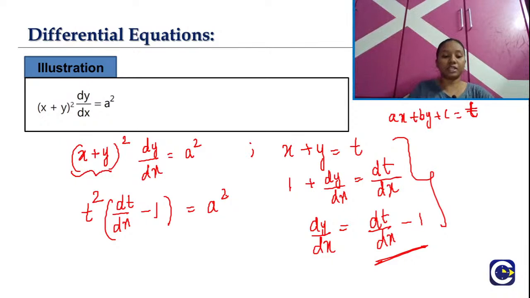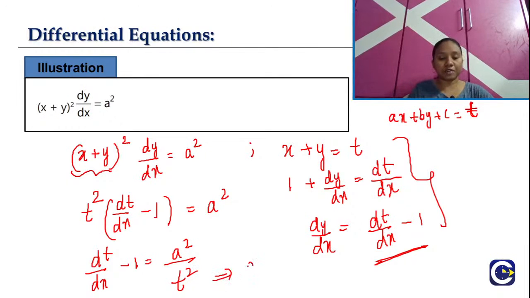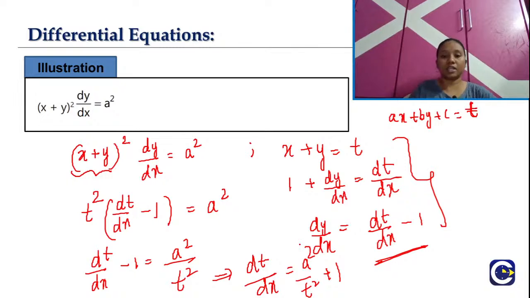So, now how can we rewrite this? From here, dt by dx minus 1 will be equal to a square by t square. I am just rewriting the expression, and then from here dt by dx will be equal to a square by t square plus 1, right?